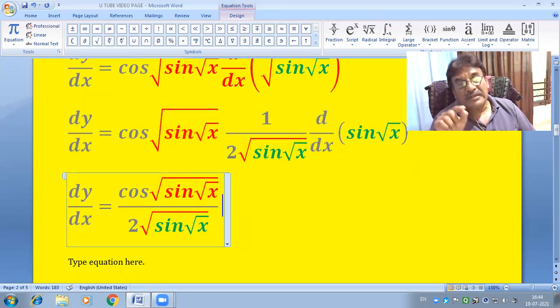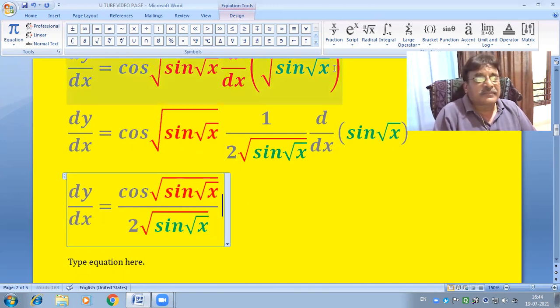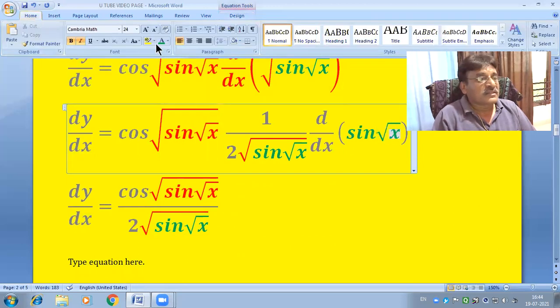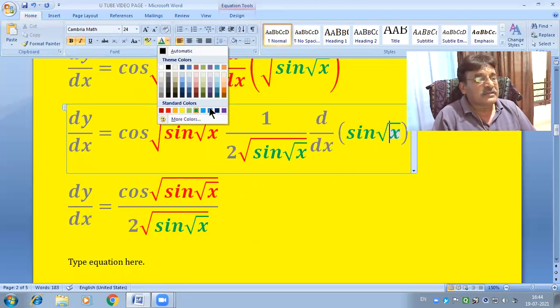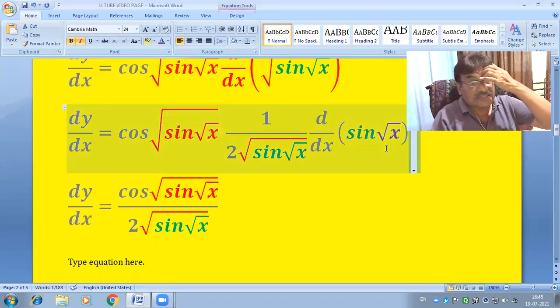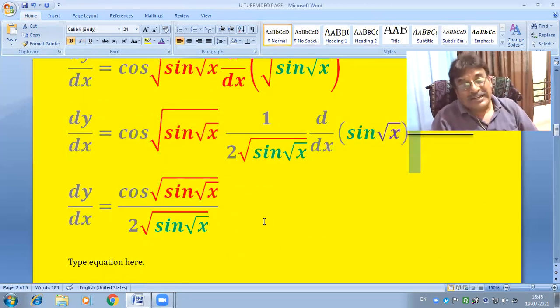Use here the formula d/dx of sin f(x) = cos f(x) into f'(x), and f(x) replaced by this √x, the violet color function.